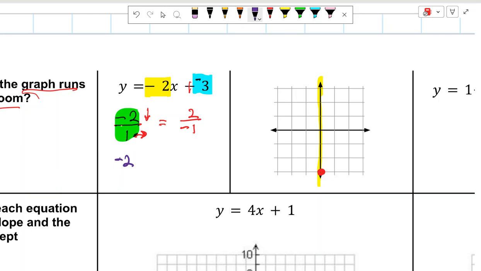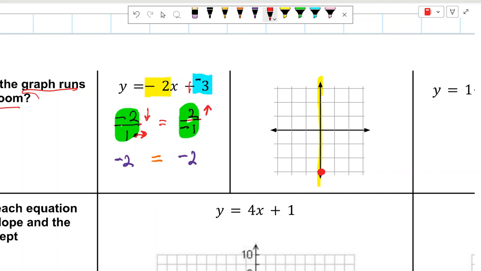And this one over here, 2 divided by negative 1, is actually also officially negative 2, because a positive divided by a negative is negative. And so you can see that these two are equal. The second one that we made has a positive on top, so now we don't go down, we go up.